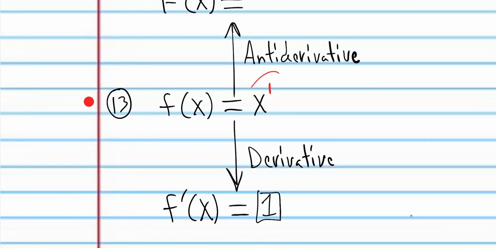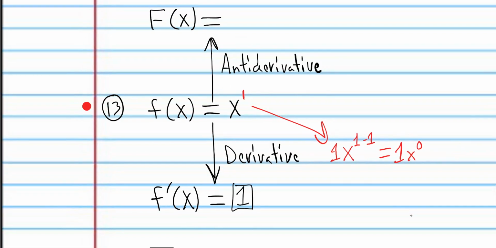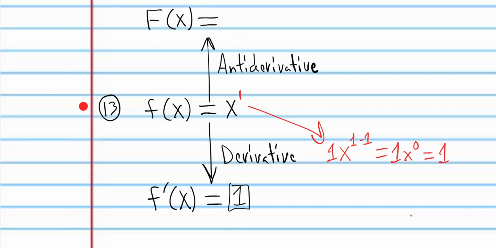So when you find the derivative, remember the power rule tells you to subtract 1, and then you get x to the, well, first you bring the 1 down, and then you subtract 1 from 1, and you get 1 times x to the 0 power, but x to the 0 power is just 1, so you just get 1. But it's not really practical to do this in your head every time you want to find the derivative, so it's better just to memorize that the derivative of x is just 1.